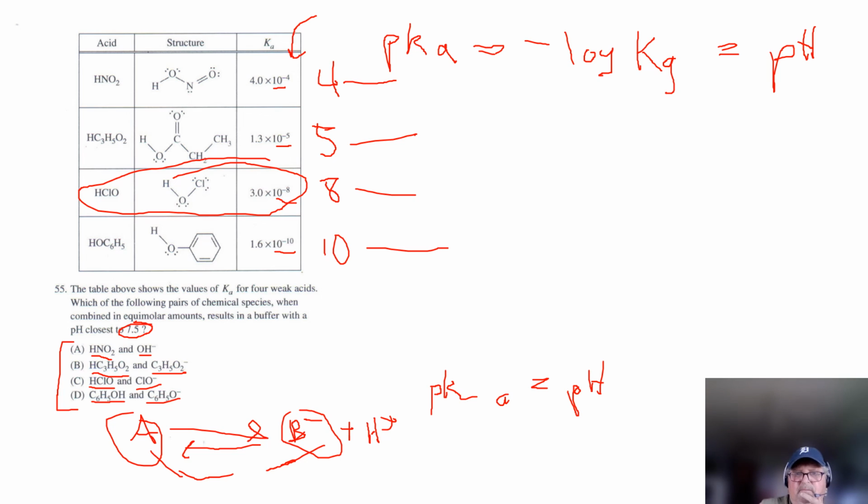So the key thing here is that the amounts of acid and conjugate base are equal, and therefore the pKa is equal to the pH. The Henderson-Hasselbalch equation gave you that, but you probably have tons of formulas in your brain.